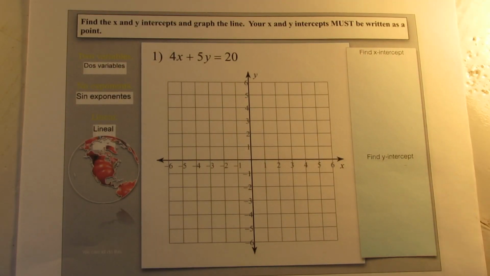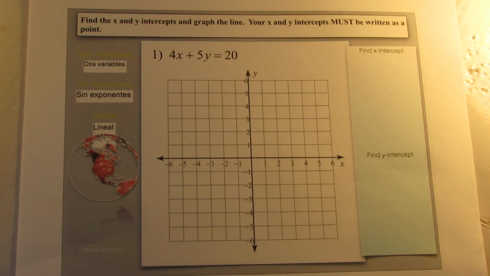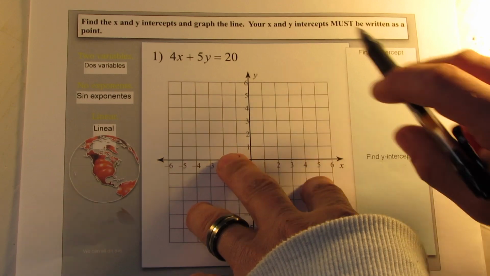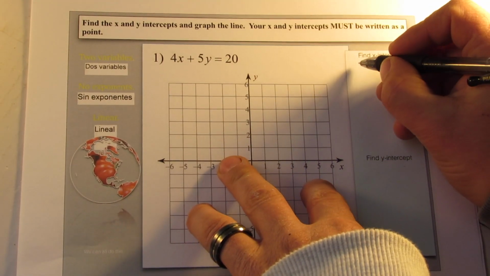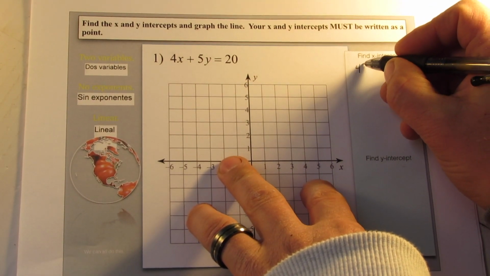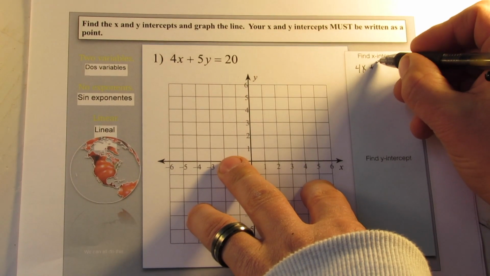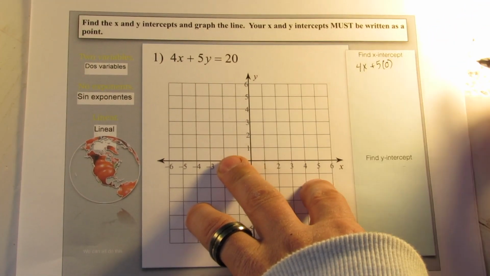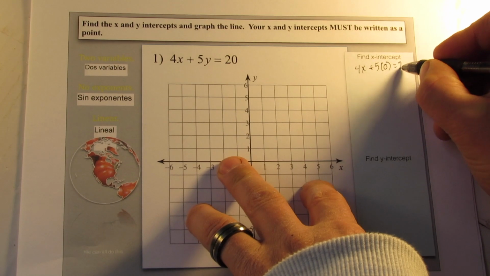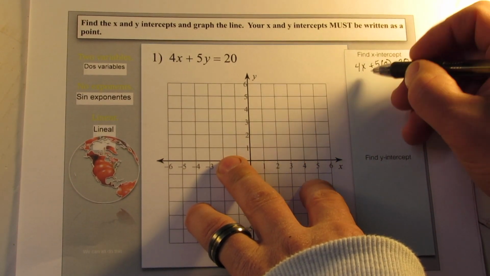Alright, let's try this. My job again, find the x and the y-intercepts. So, like we said just a minute ago, to find the x-intercept, I have to put 0 in for y. So I'll simply replace the y with a 0, and then copy the equation and solve it. 5 times 0, of course, is 0.